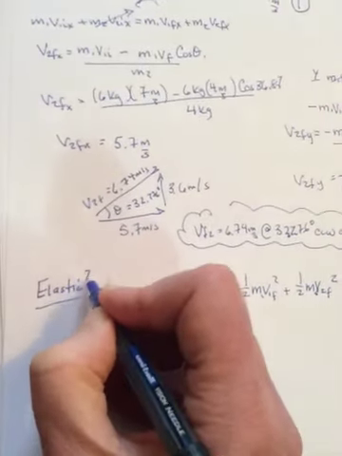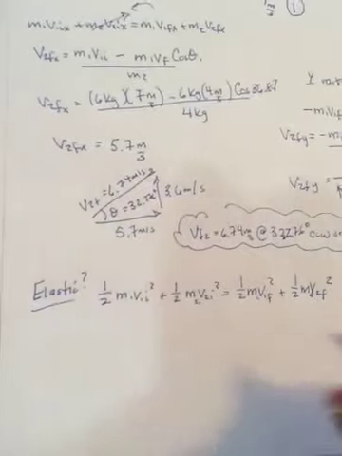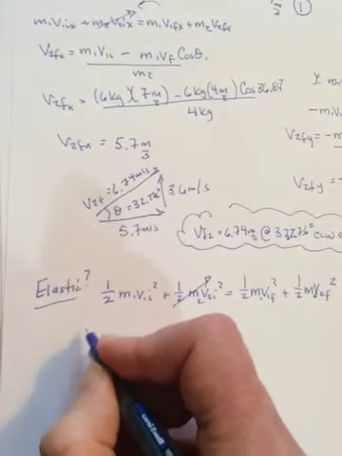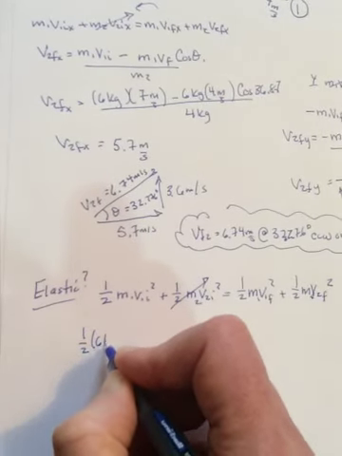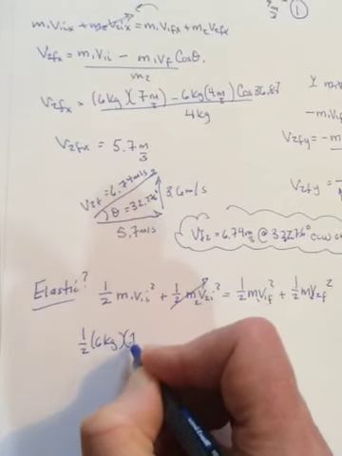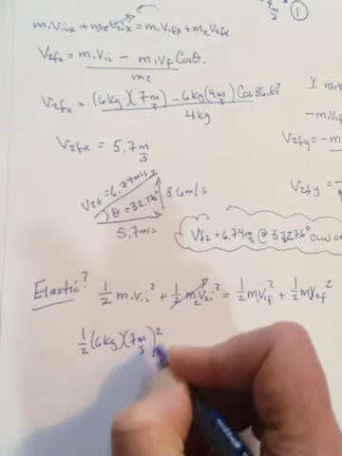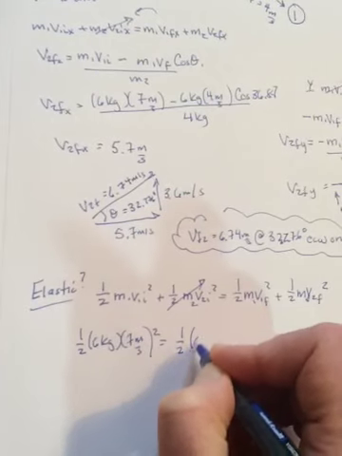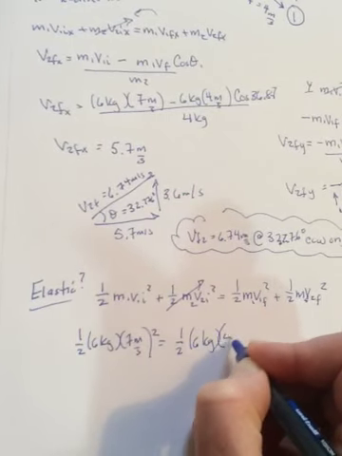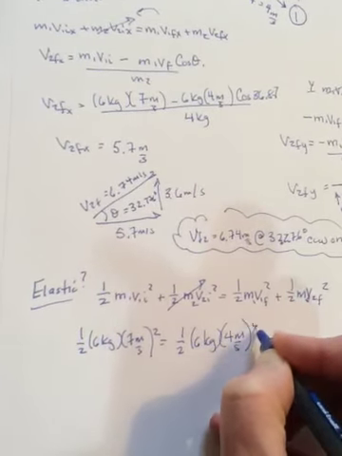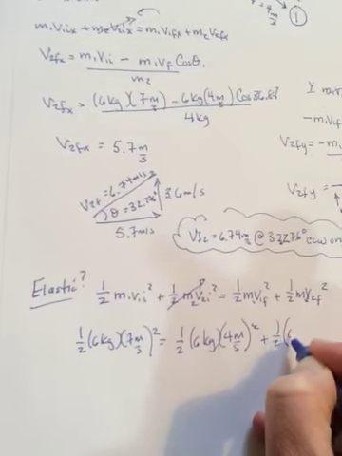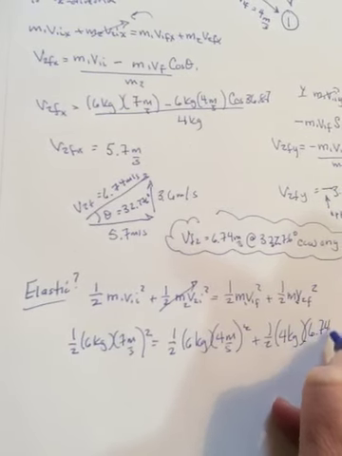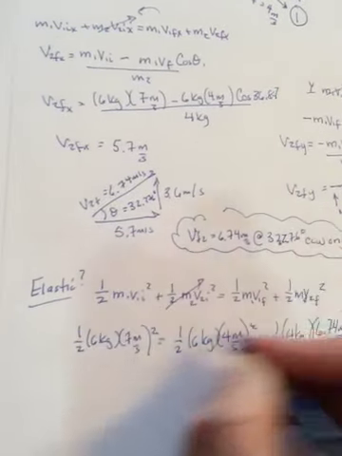Remember, energy is a scalar, so we don't have to do it in the x and the y, we just do it in one shot. Initially this goes to 0, so 1/2 times 6 kilograms times 7 meters per second squared, and remember it's just the 7 that gets squared, equals 1/2 times 6 kilograms times 4 meters per second squared, plus 1/2 times 4 kilograms times 6.74 meters per second squared.